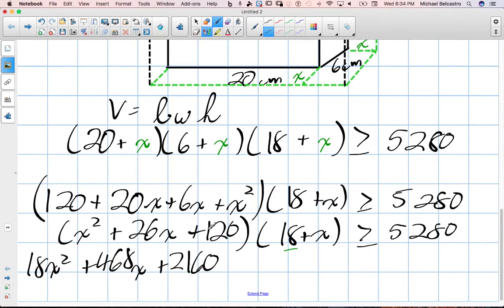And then we have to multiply the x times everything, so that'll be plus x cubed plus 26x squared plus 120x, all greater than or equal to 5,280.